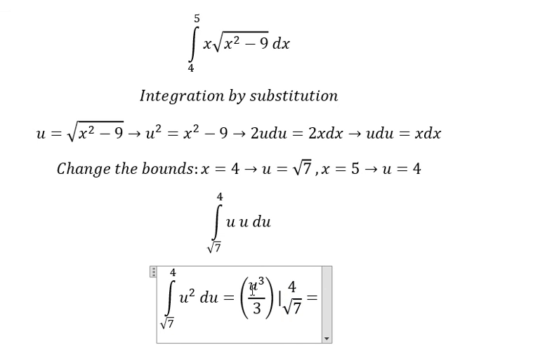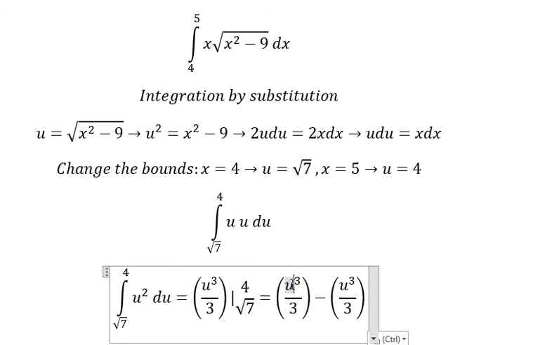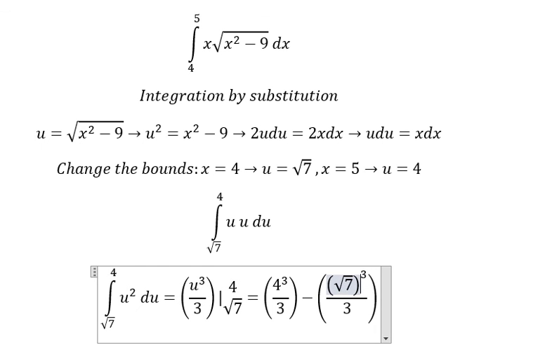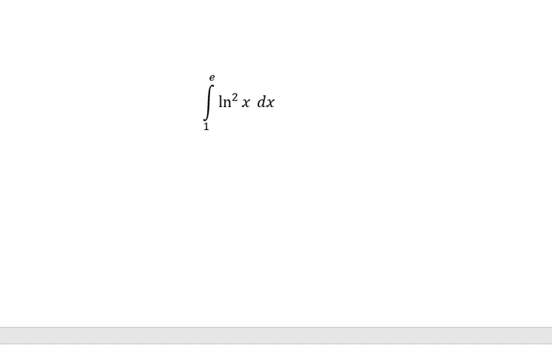And now we have the final answer. So I will put number 4 in here, and the square root of number 7 we put in here. And this is the final answer. Now let's go to the last one.